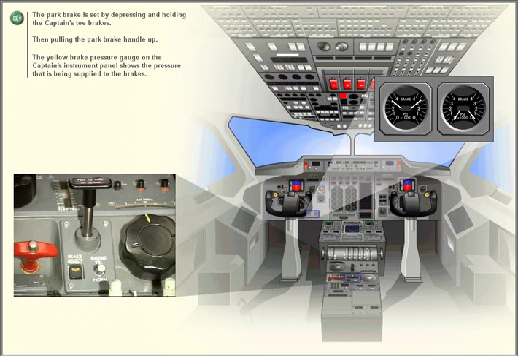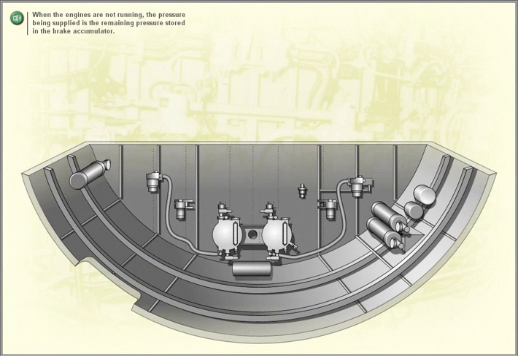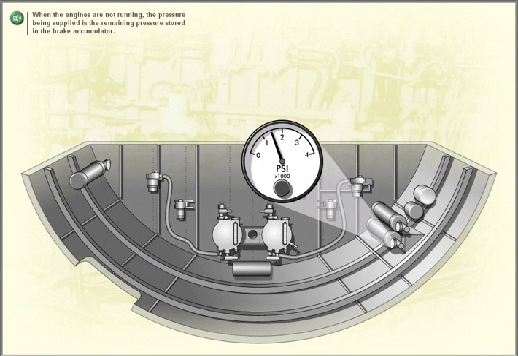The yellow brake pressure gauge on the captain's instrument panel shows the pressure that is being supplied to the brakes. When the engines are not running, the pressure being supplied is the remaining pressure stored in the brake accumulator.